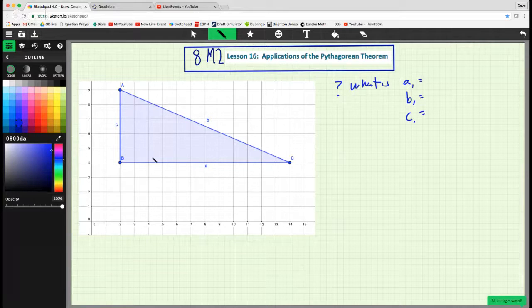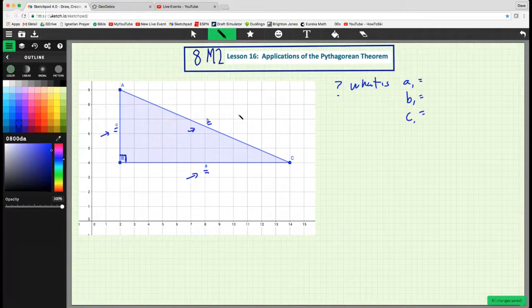Here's our right angle. And notice this is interesting because they've changed the letters around on you. This is A, this is C, and this is B. But don't let this fool you. In this case, it's this side squared plus this side squared equals this side squared.